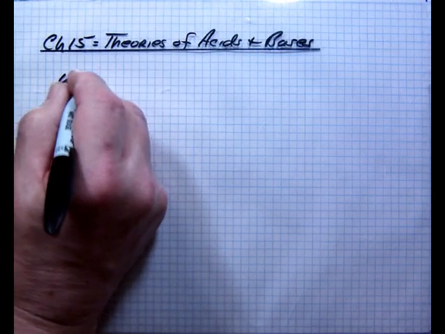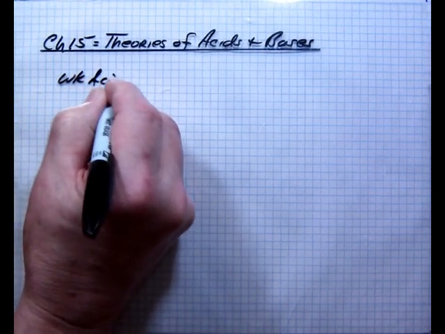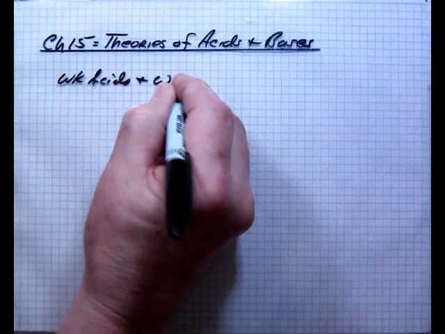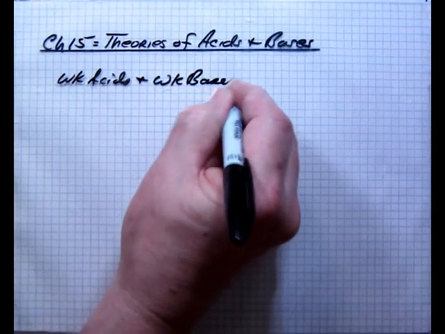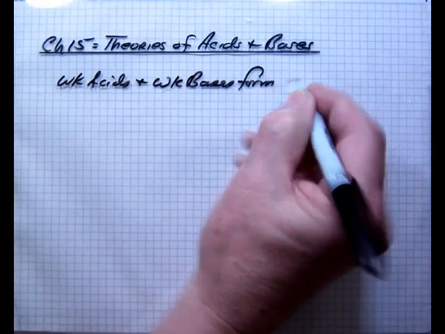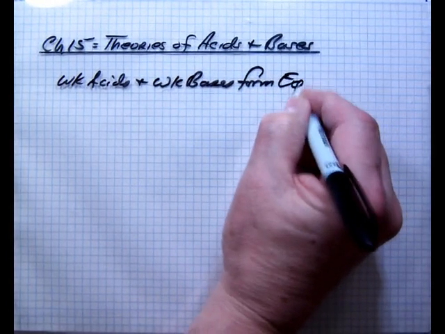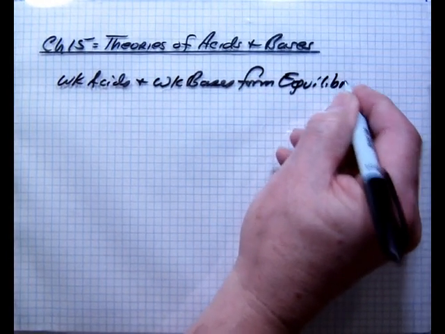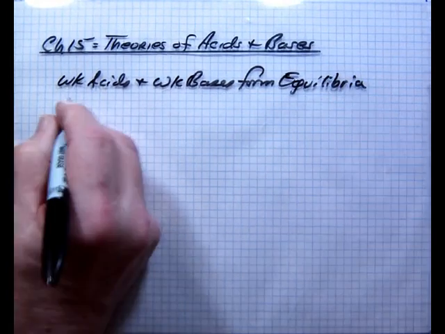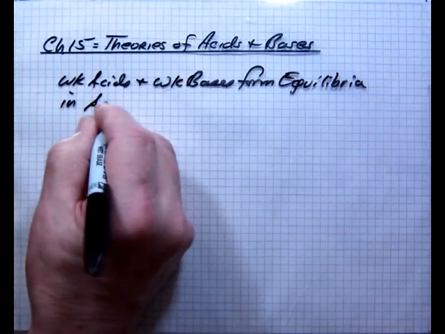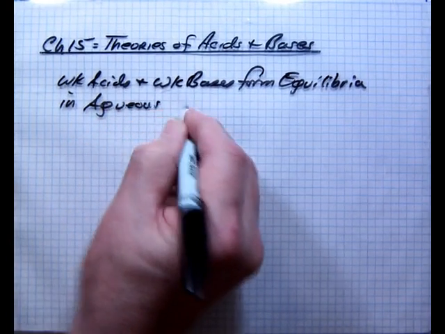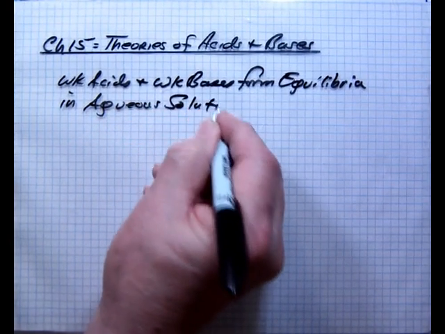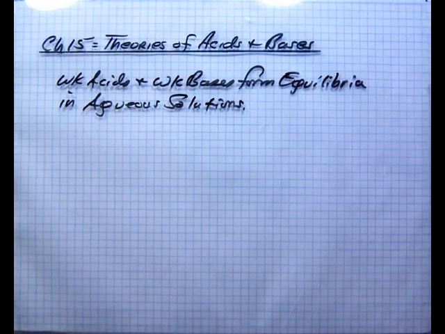So weak acids and weak bases form equilibrium in aqueous solutions, so that they fit pretty well in the context and sequence of the material we're covering.